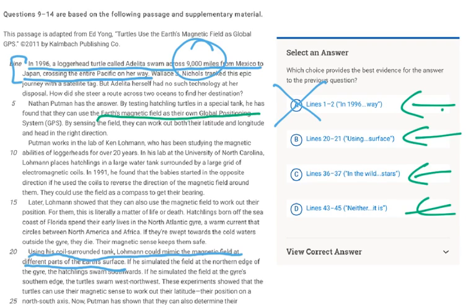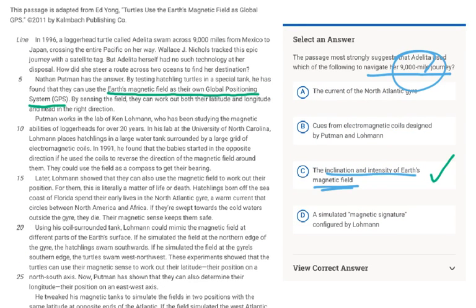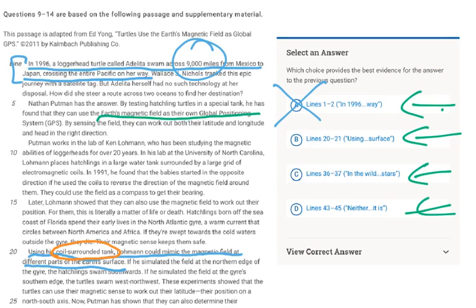But notice again that this question talks about a coil-surrounded tank. And if you go back here, you have electronic magnetic coils, right? So if you thought the answer was B, here would seem to be correct.